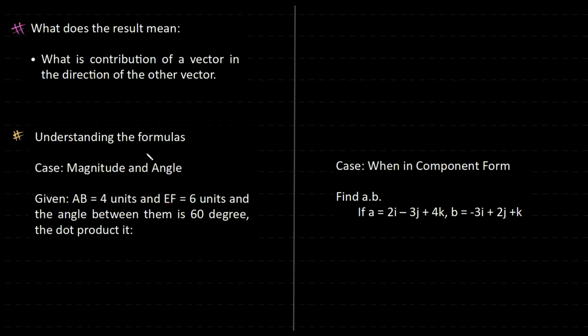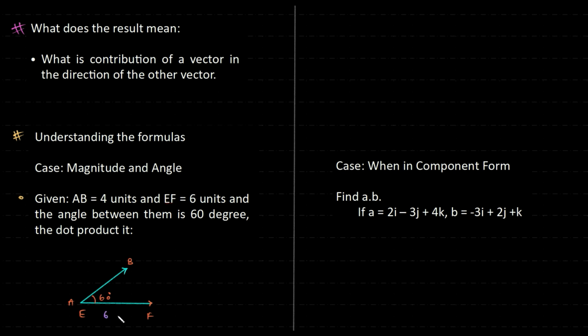Now, understanding the formula and also the concept using our magnitude and angle and all of that. So what we have here is AB and EF. So we have two vectors, AB and say this is EF. And the angle between them is 60 degrees.